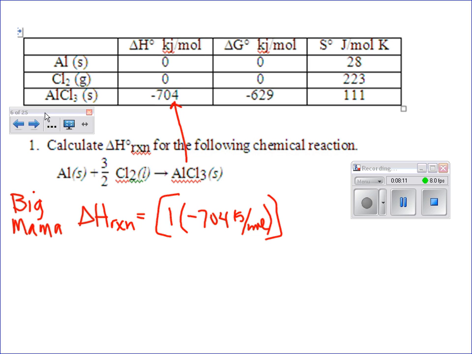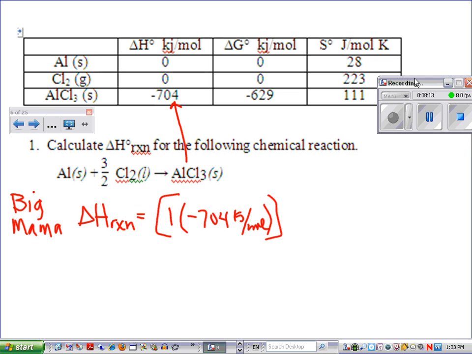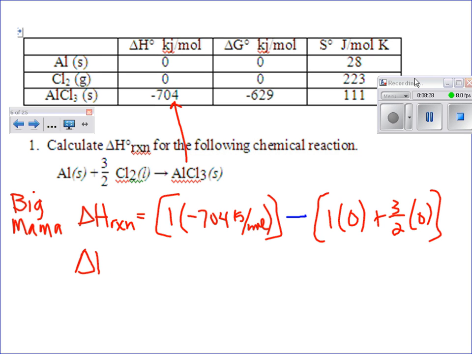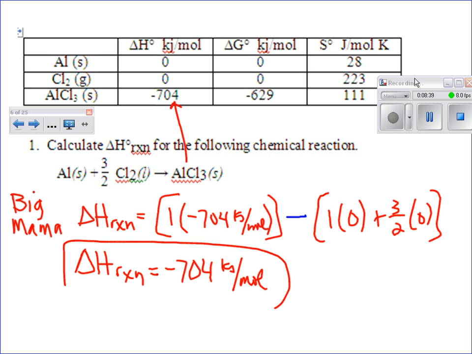That's products. Minus, what are my reactants? Oh, they're all 0, aren't they? Because they're free elements. 1 times 0 plus 3/2 times 0. So my delta H of my reaction is equal to negative 704 kilojoules per mole. Whew! That was tough. That was review.